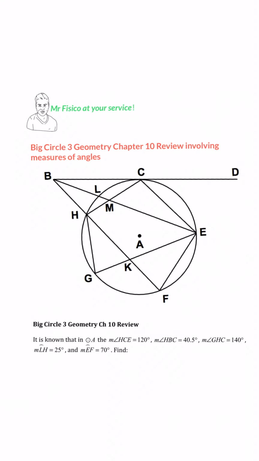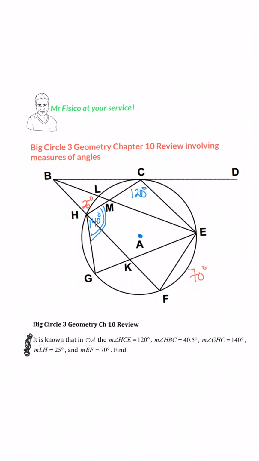Now we are ready to solve the problem. Let us include all the information provided in the problem, okay? In circle A, angle HCE is 120 degrees. Angle HBC is equal to 40.5 degrees. That's the whole angle.